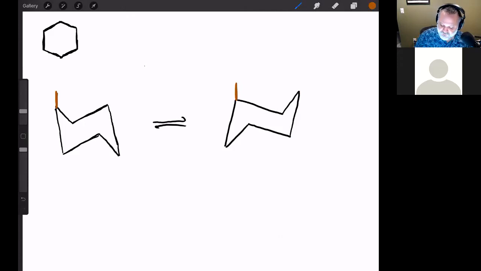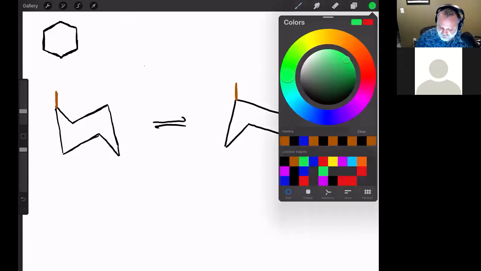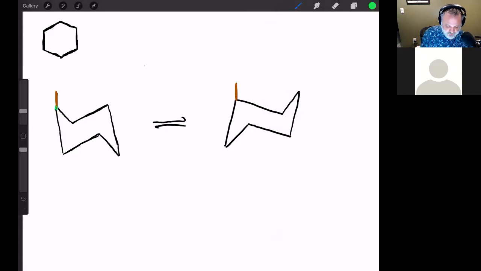Now, before I finish drawing the bonds, I want to make an important point. I also tend to mark this atom and remind myself where that atom goes in the chair flip. Briefly, this part of the chair is going to flip down and this part of the chair is going to flip up.